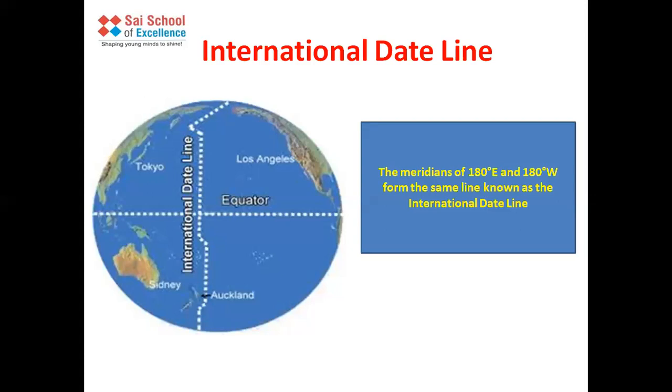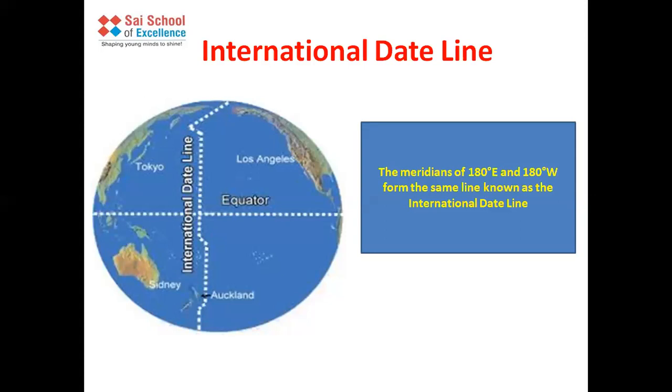The 180° east and 180° west longitudes meet and form a single line on the opposite side of the world, which is called the 180° longitude or the international dateline.